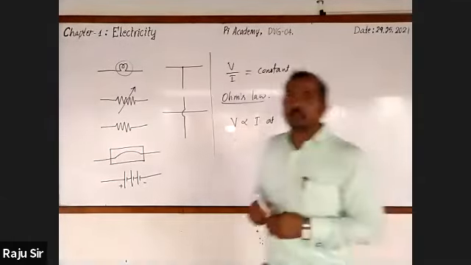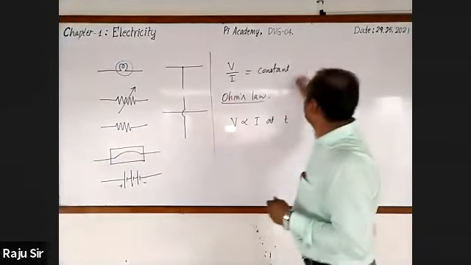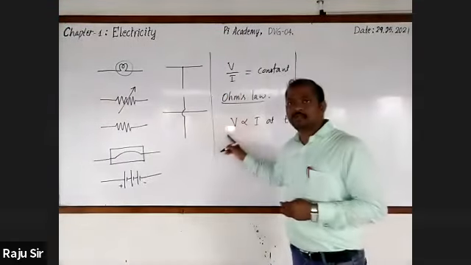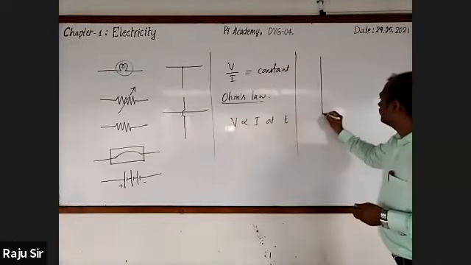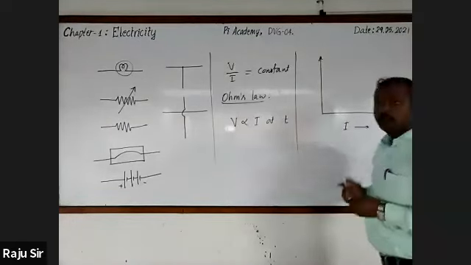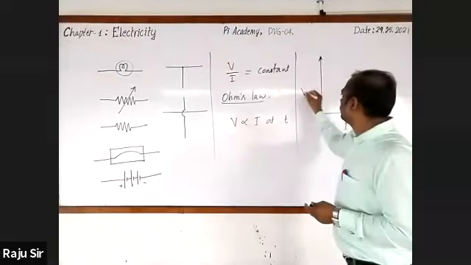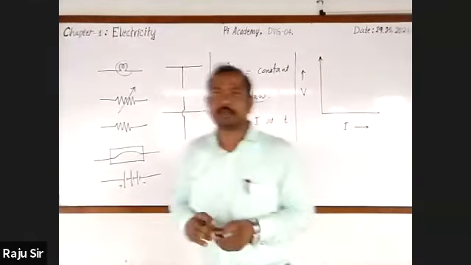Even we have drawn the graph of V and I, potential difference and electric current. And we had taken current along x-axis and voltage, nothing but potential difference, along y-axis.